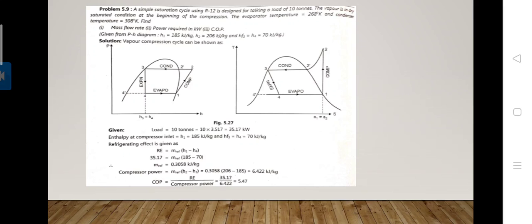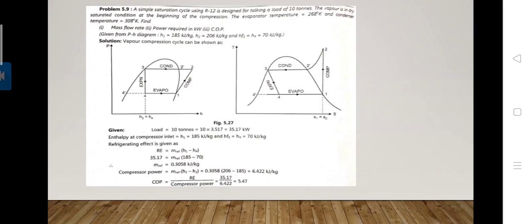So to calculate the refrigerating power required, first we have to calculate the refrigerating effect. So refrigerating effect is equal to m, that is mass of refrigerant, into H1 minus H4.